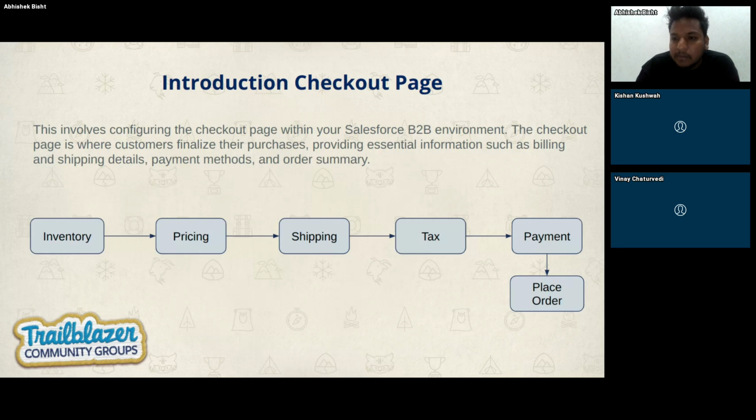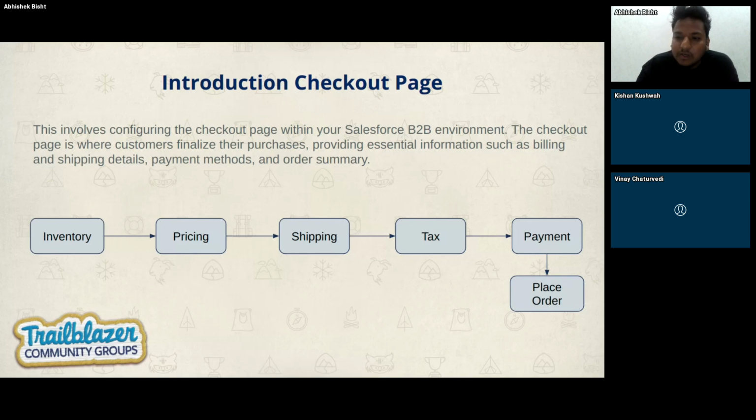Then payment will come. In this section, Salesforce allows you to integrate various payment methods. You can use Stripe, you can use CyberSource. In our upcoming series, we will go with this type of payment, but you can also try it with CyberSource.